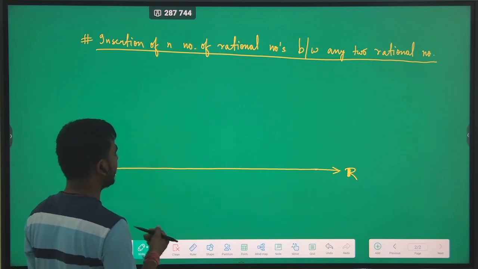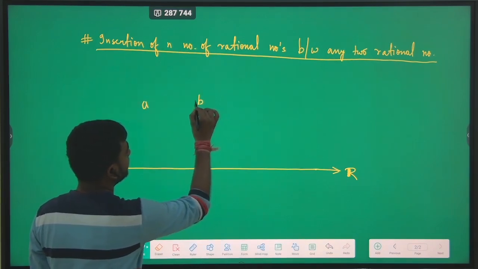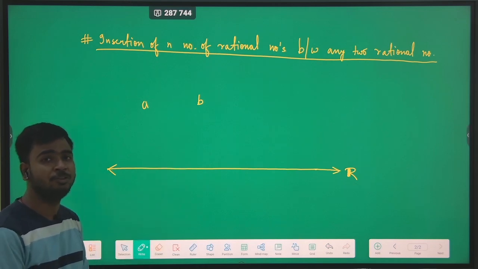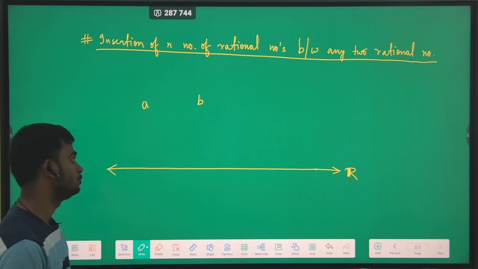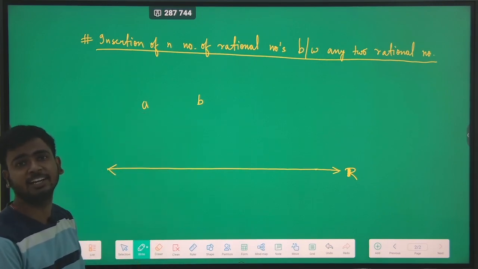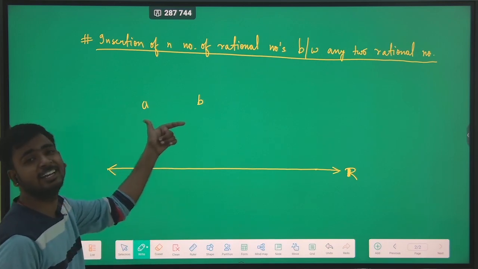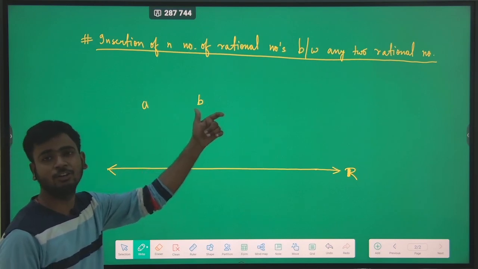Let us suppose that our first rational number is A and the second rational number is B. So to represent anything on the number line, we have to mark which one is smaller and which one is greater. So we have to assume which one is smaller and which one is greater if it is an arbitrary number, or if it is provided that the value of A is this and the value of B is this, then we will find out the value of A and B.